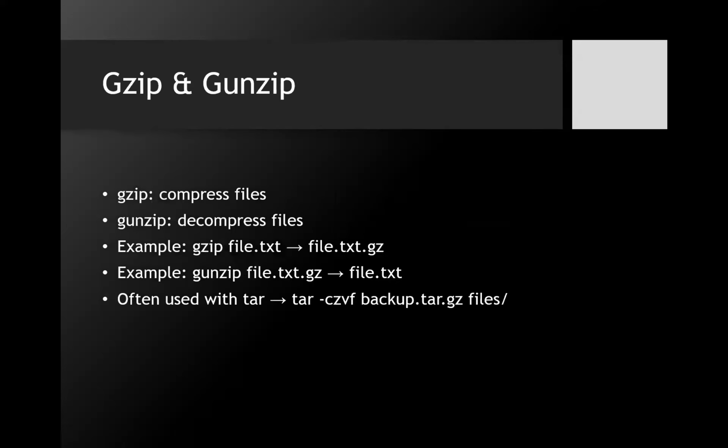See, gzip. The gzip command is used to compress the files. Gunzip decompresses the files. To compress a file, we use the command gzip file.txt. The gzip command converts the file into a compressed file.